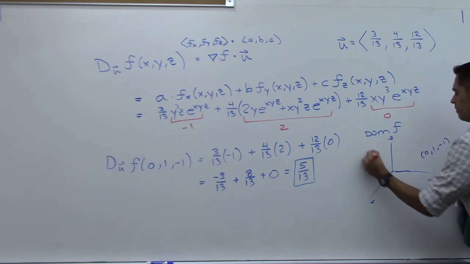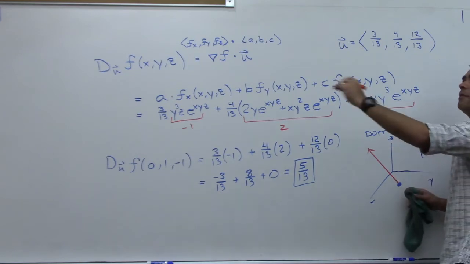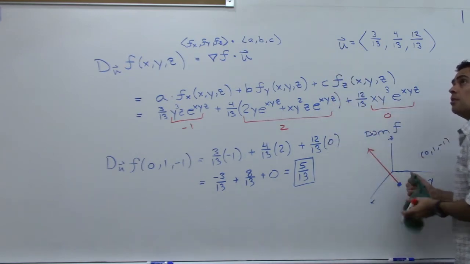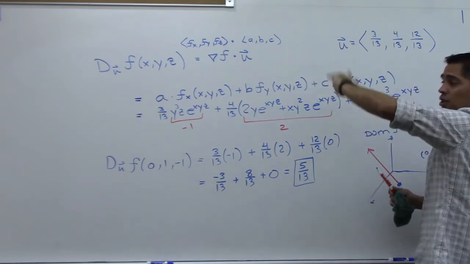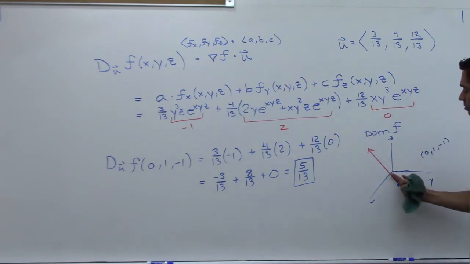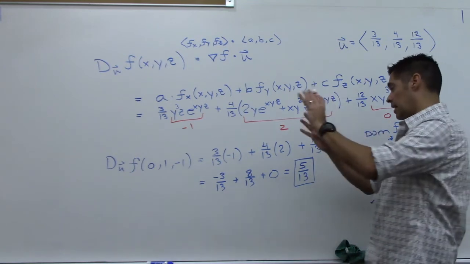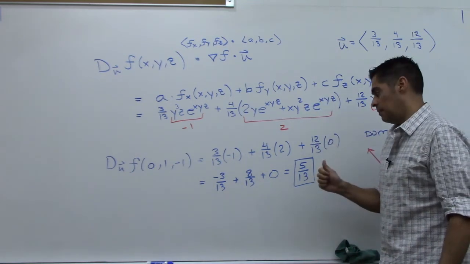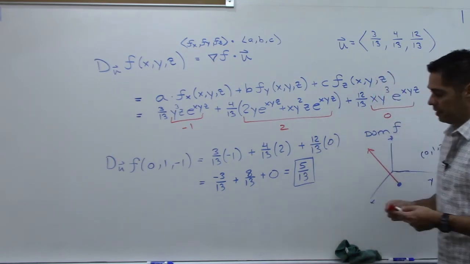If I were to start moving this point along in the direction of this vector, that point is being plugged into some function that we can't even see. So as I move this point around, the function's value is changing. It's not a surface, it's just something that's changing. If I go in this direction, then what I can tell you is that the function that I can't see is increasing because the directional derivative is positive. And the rate at which it's increasing is 5/13.